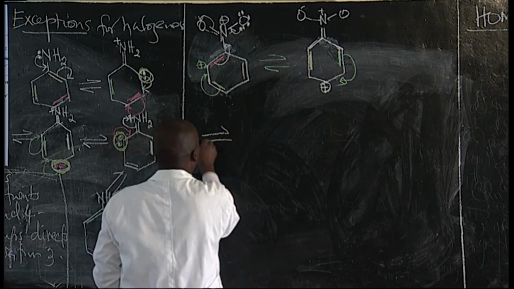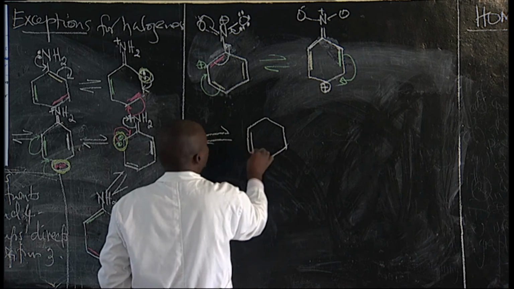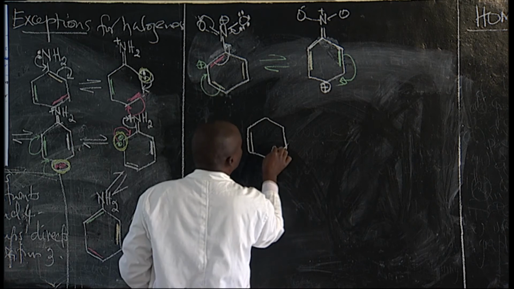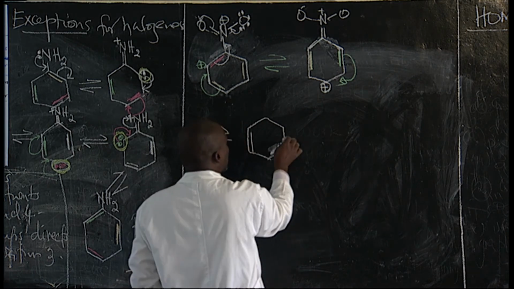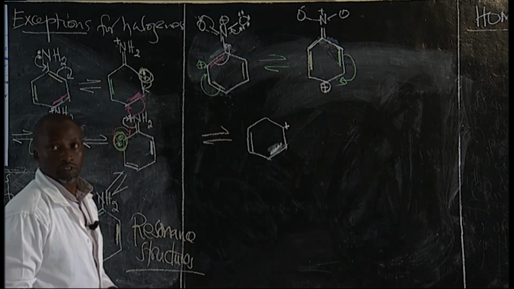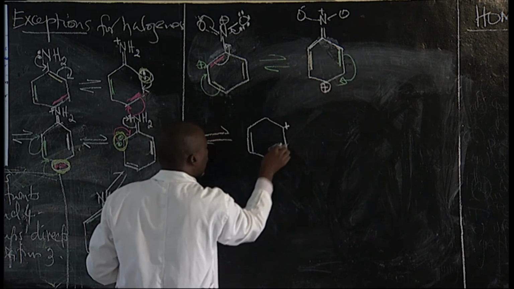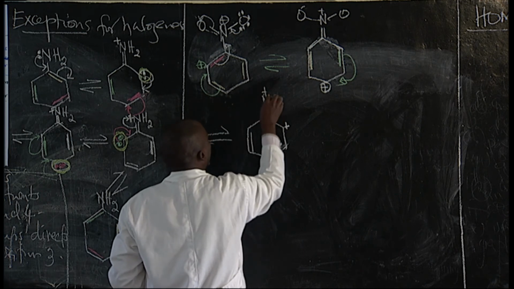This one will come to this position, and now this one will become positive. So this one has shifted to here, and you have a double bond over here.